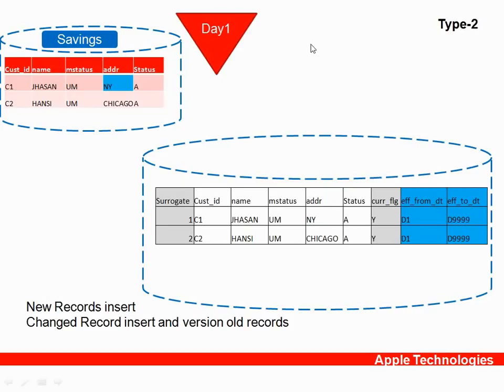These are nothing but continuous unique numbers 1, 2, 3, 4, 5, 6, and keep the current flag information Y, because this is the latest, and the effective from date. When you have inserted, how long this will be right, I don't know at this moment, because this is the right information for me.